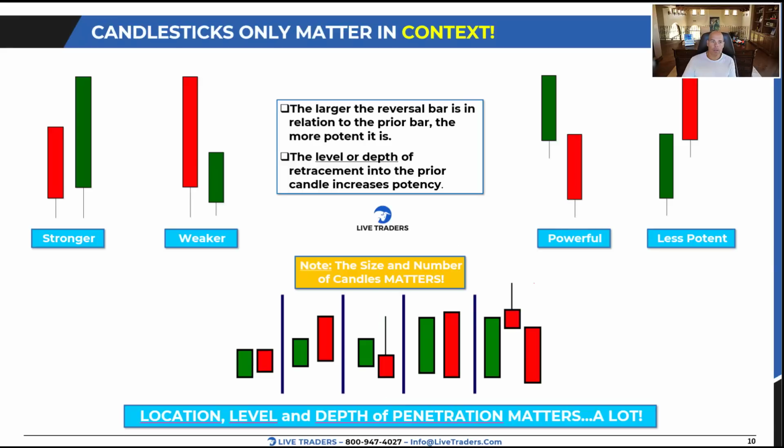Okay? Now, candlesticks in context, which is a continuation of the same concept we just talked about. When something happens over a longer period of time, it becomes more valid because there are more people creating that pattern, which means more or less commitment depending on higher or lower, right?